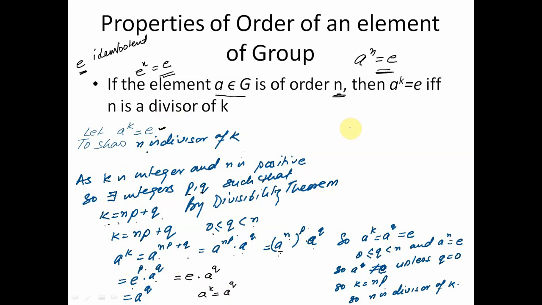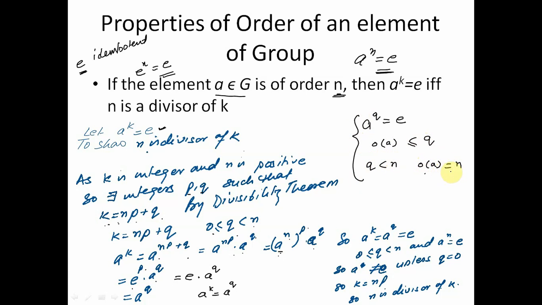Now, if I say a to the power q is equal to e, that means the order of a is less than or equal to q, but q is less than n, and the order of a is equal to n. Now we are in a dilemma.